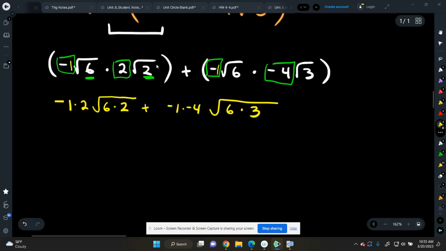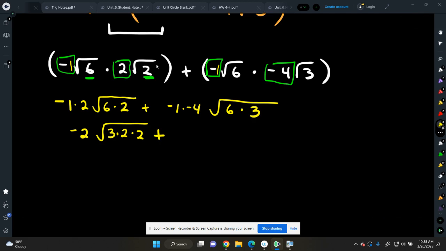Okay, so this gives me negative 2 square root of 6. I'm going to do that as 3 times 2 times 2 plus, now what's negative 1 times negative 4? Positive 4. Okay, and then we've got the square root of 2 times 3 times 3. Question so far? Did that kind of answer your question, D'Angelo?